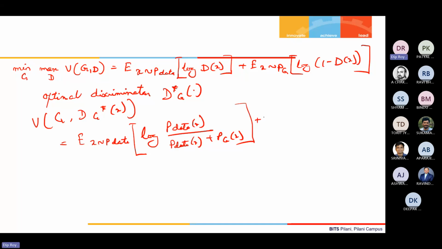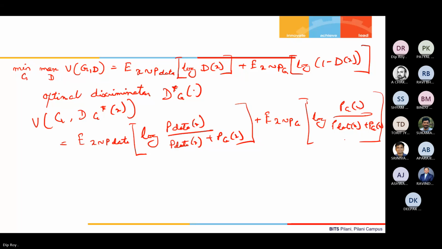And the other one would be P g x divided by P data x plus P of g x. This is the other one.